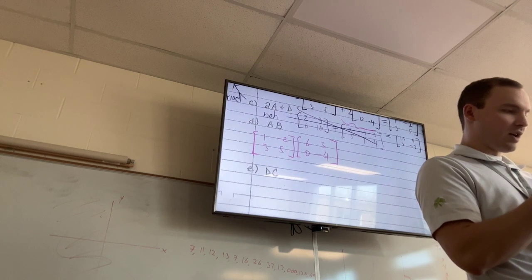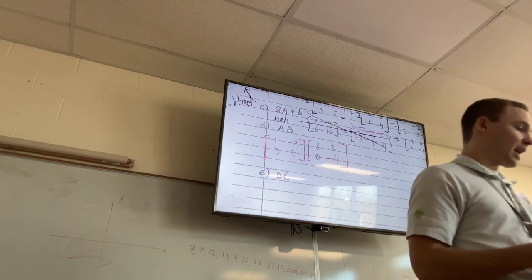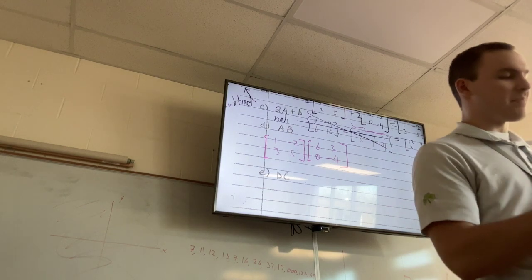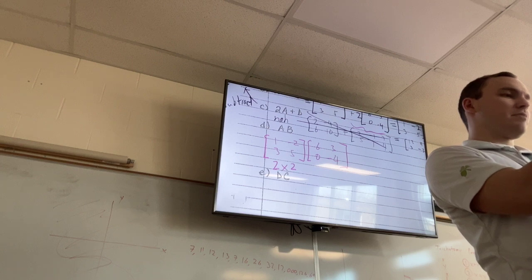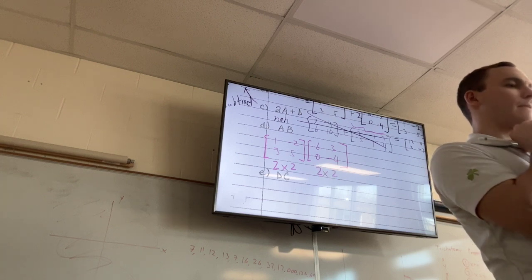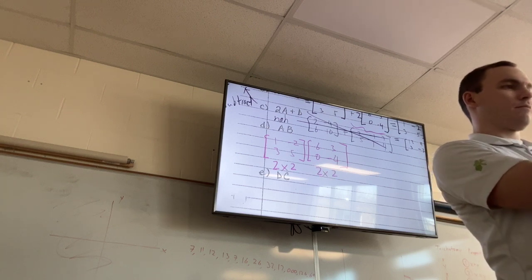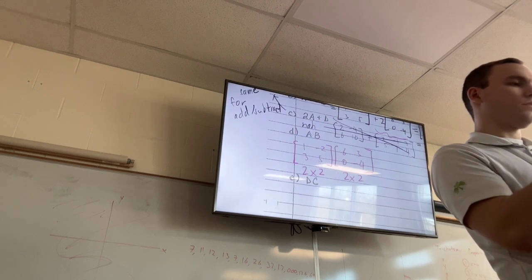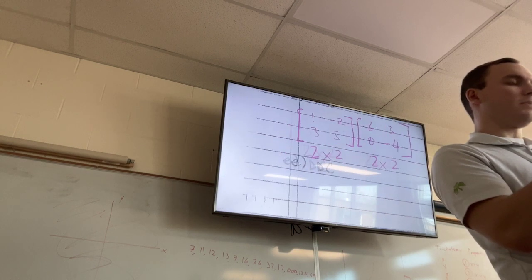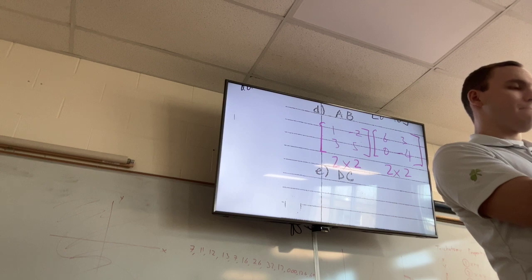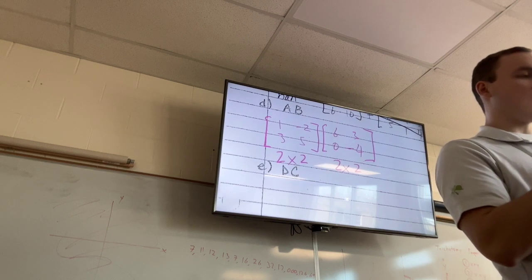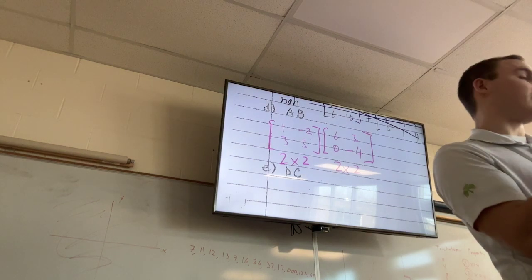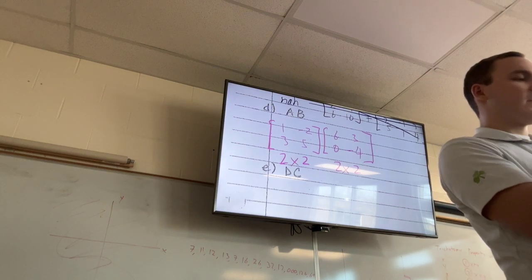Okay. So first of all, we got to talk a little bit about requirements. We're multiplying a 2 by 2 by a 2 by 2, right? For us to be able to multiply these together in the first place, these two outside numbers here have to match.